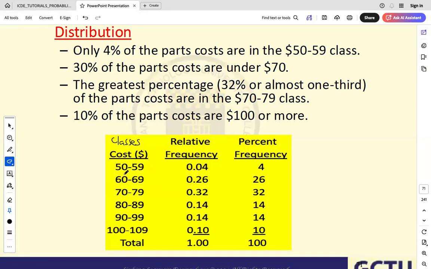All spare parts costs that are between 50 to 59, we'll go and tally and get the frequency. All spare parts between 70 to 79. So we are going to arrange it like this, like we did the first one, and then we can come and write some information about it.